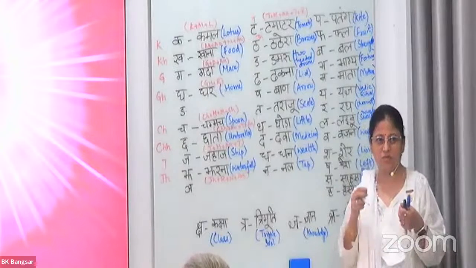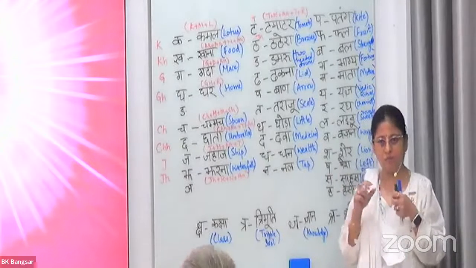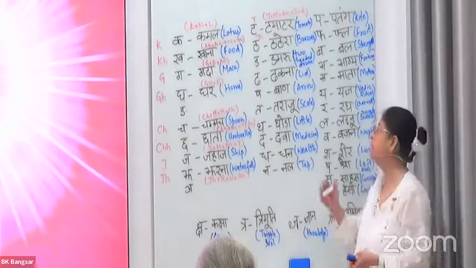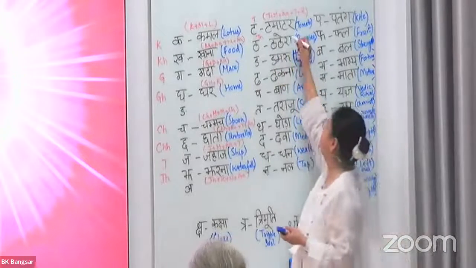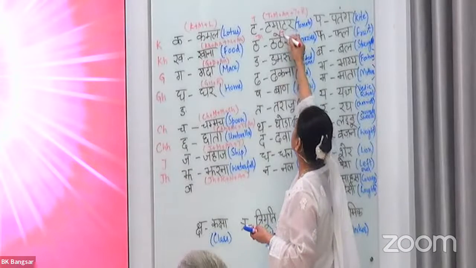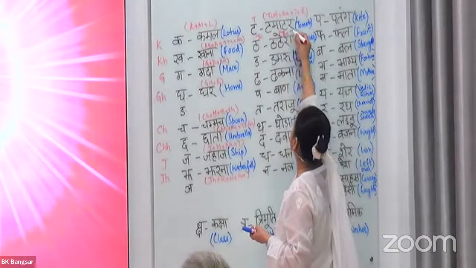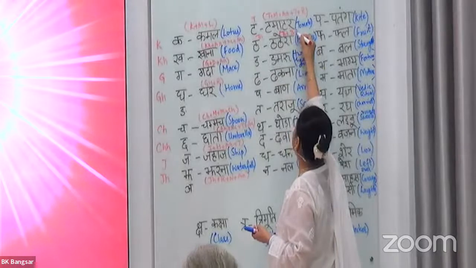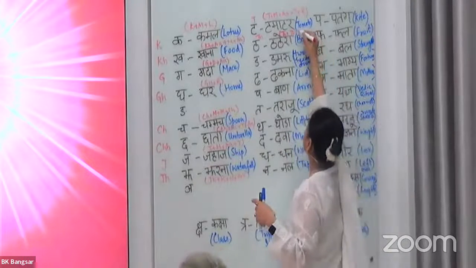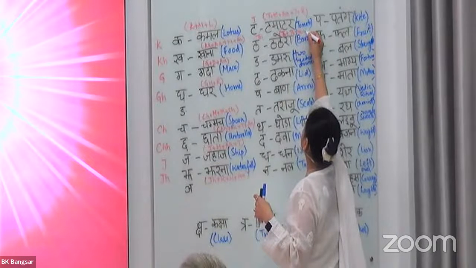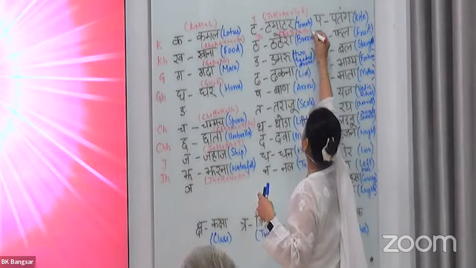So those are known as thatheras, the people doing that job. So that's why Tha, The and Ra.